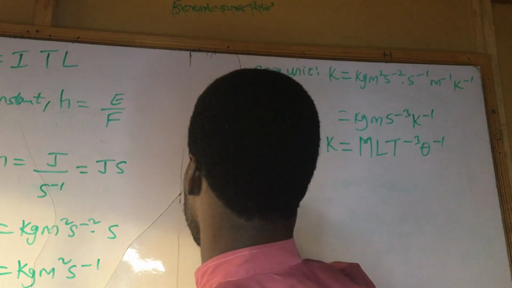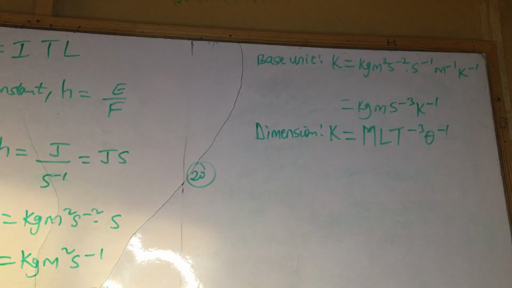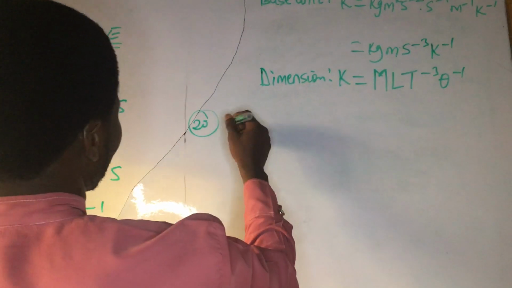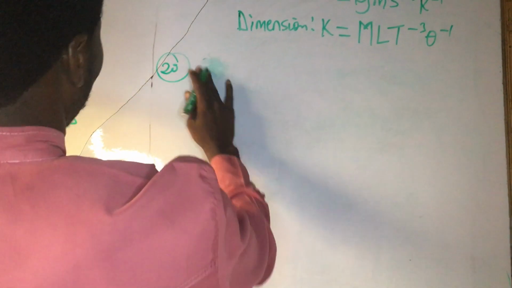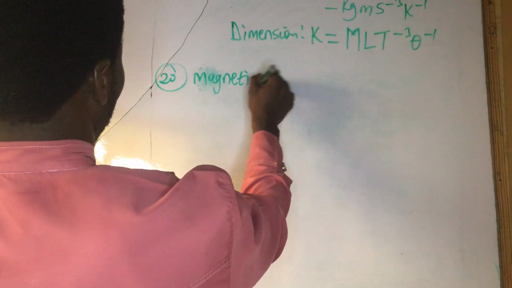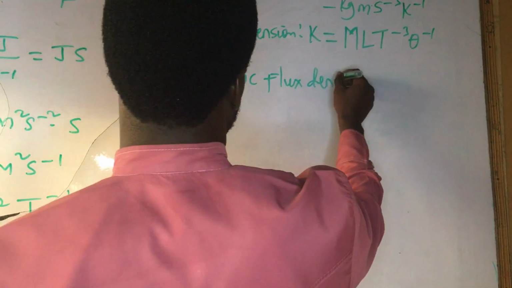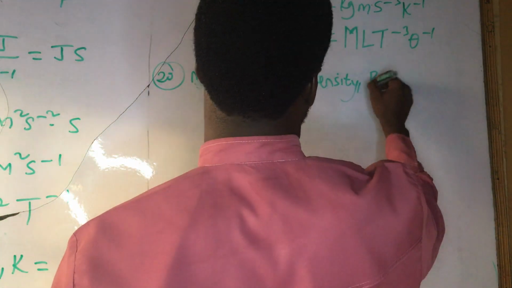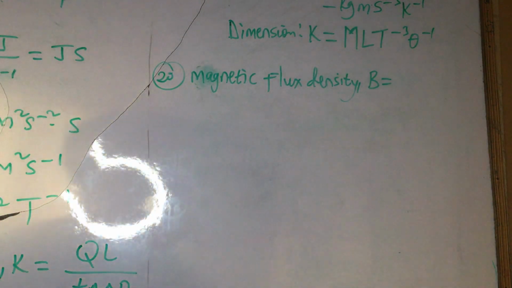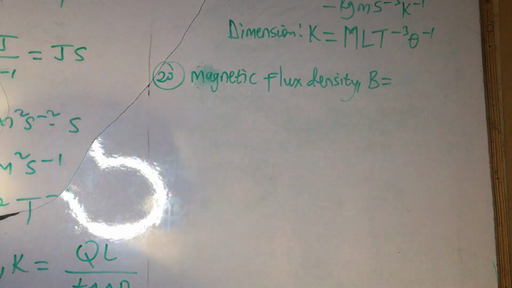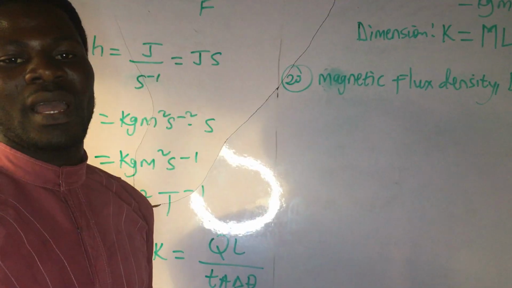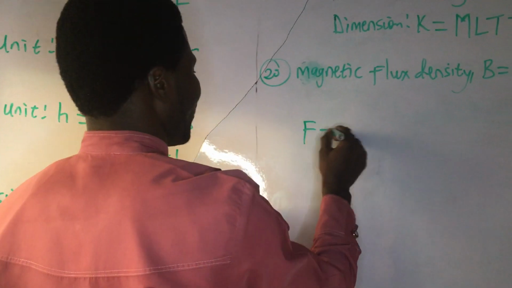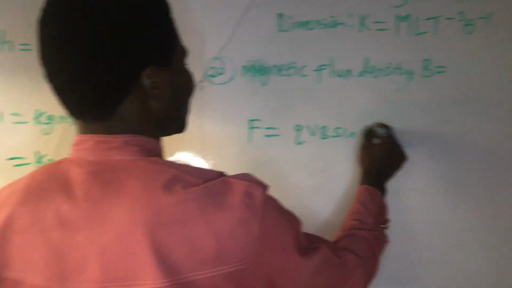Okay, number 20. Now, let's look at electric field intensity or magnetic flux density. So that's better. Magnetic flux density. We use B for that. And of course, the magnitude of the force a charge will experience if it enters a magnetic field, you can get it from F equals QVB sine theta.